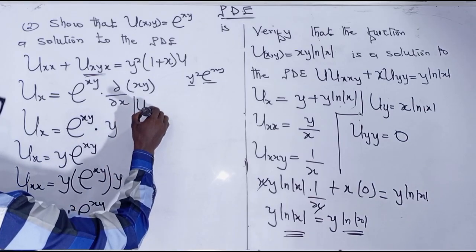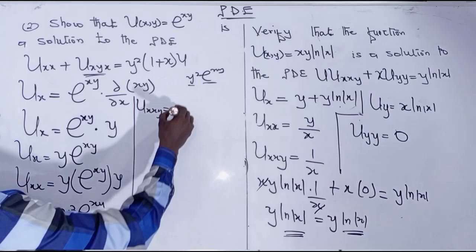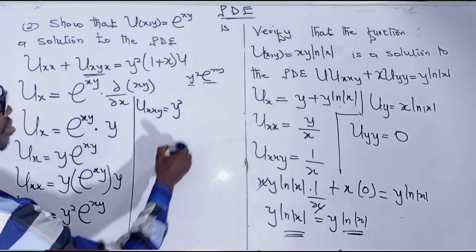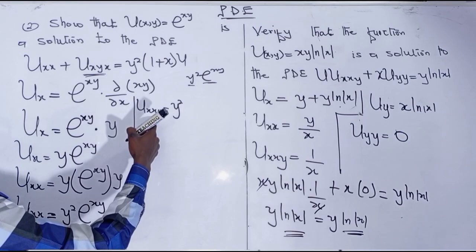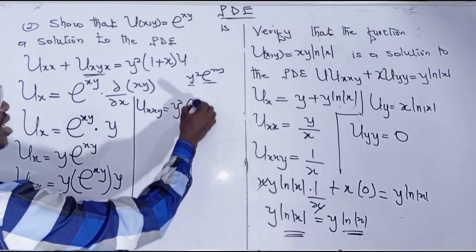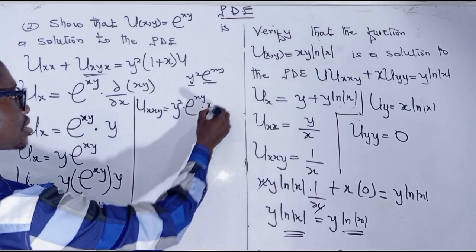So we have u_xxy. We keep the first function, which is y squared. Then we differentiate e^(xy) with respect to y, so we get e^(xy) times x.